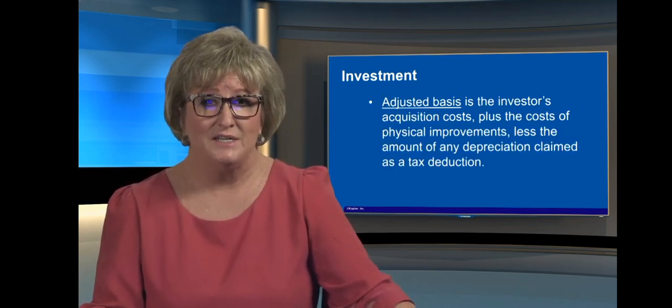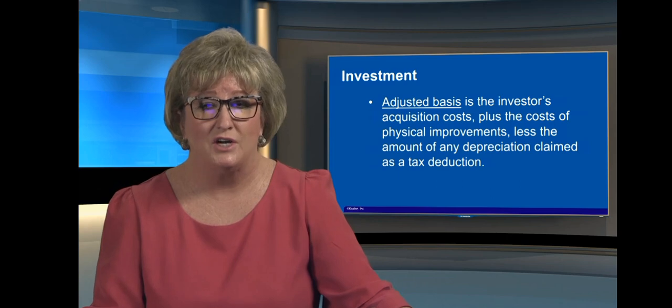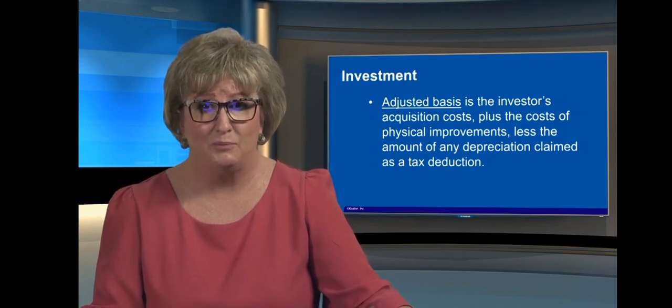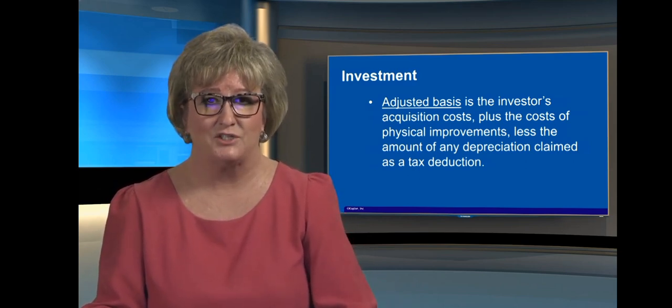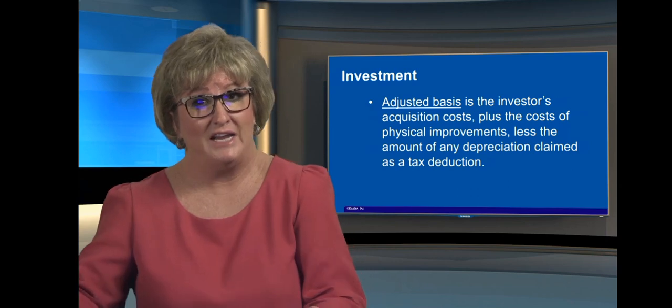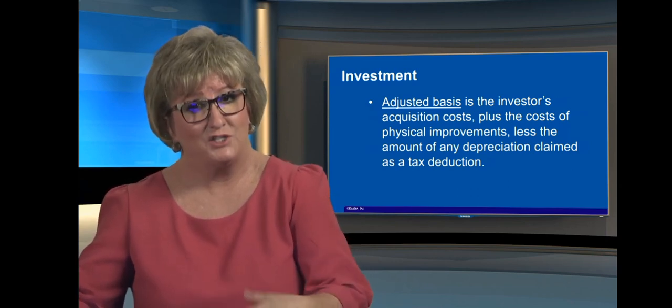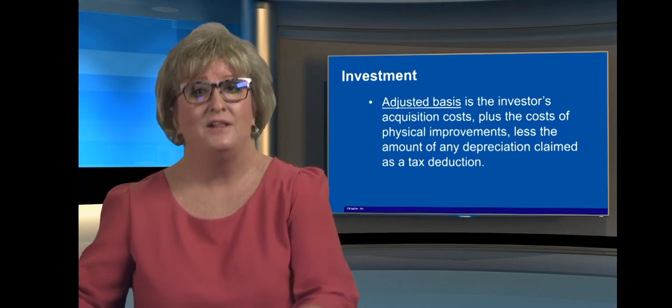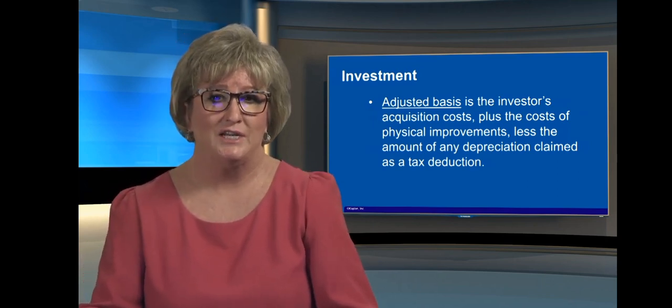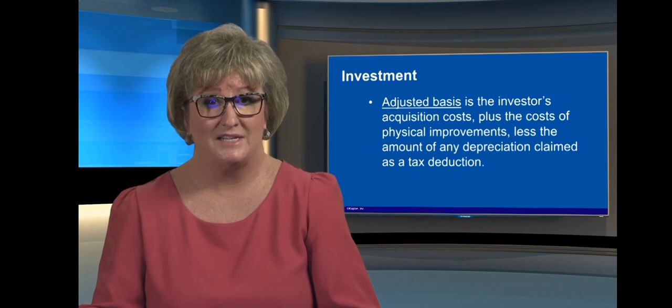Adjusted basis is the investor's acquisition cost plus the cost of physical improvements minus the amount of any depreciation claimed as a tax deduction. So it's the dollar amount that he has into the property, his costs plus his cost of improvements, minus the amount of any depreciation he's claimed as a tax deduction.